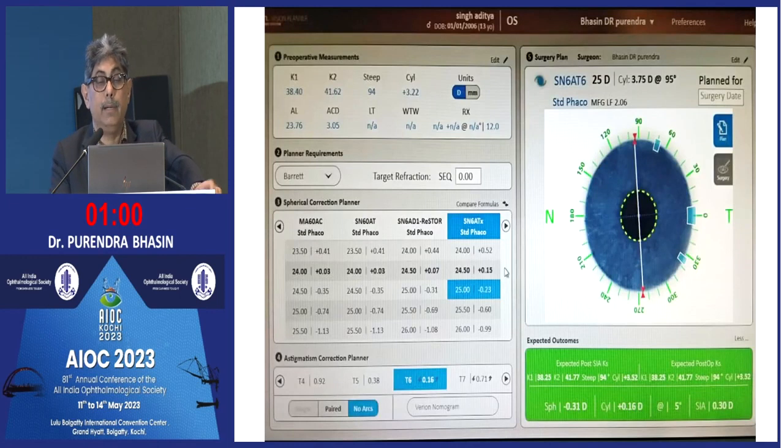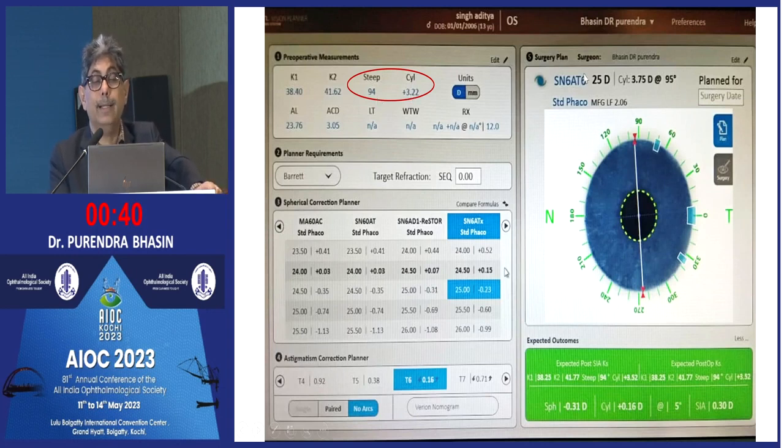Now this is the sheet which comes from the company, and this is from Alcon. This is a patient where the power of the cylinder is 3.22 diopters at 94 degrees, which is the preoperative cylinder.